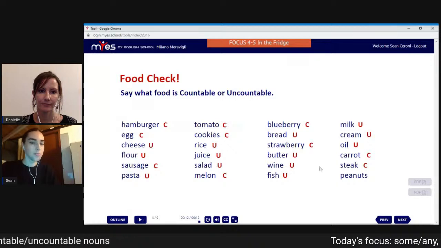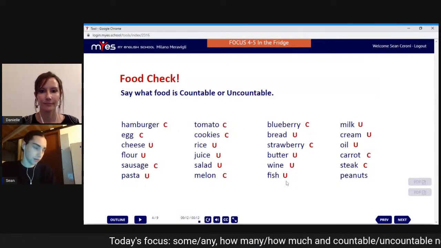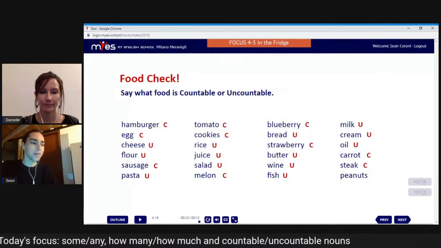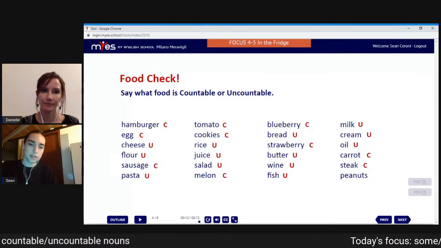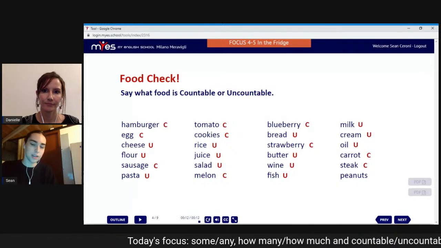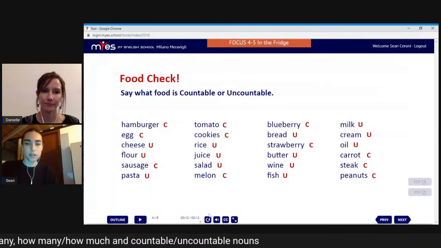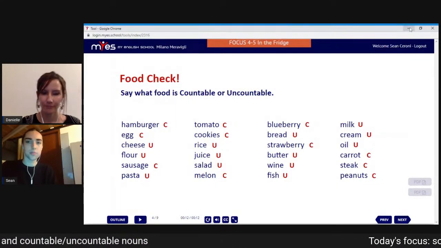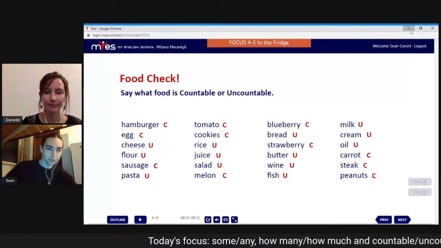If you talk about meat just generally, like fish, it's uncountable. But if you're talking about a steak or a chicken breast or a particular cut or part of the animal, it is countable. And peanuts, plural, countable. So anything with a plural is countable, of course.